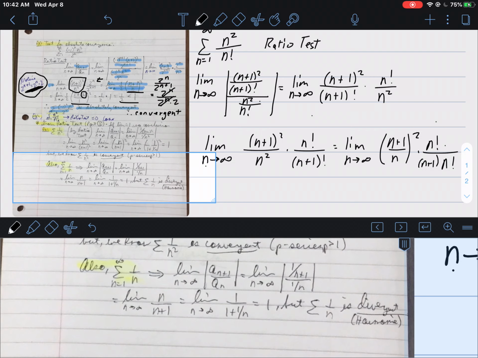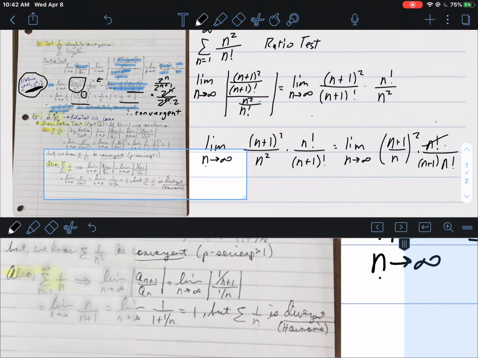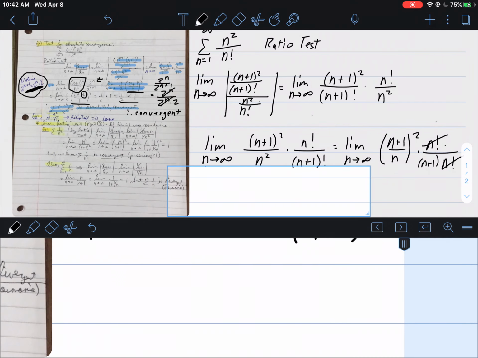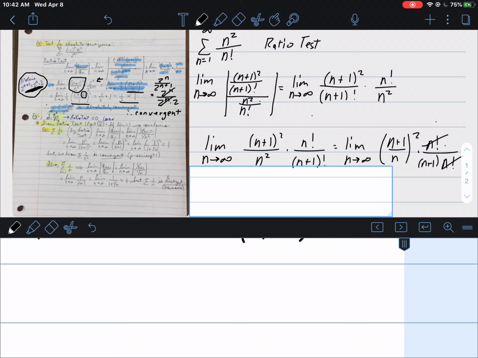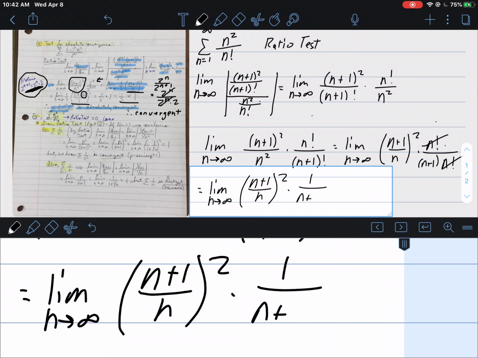All right. And that's going to allow us to do some simplification, because I can now divide out the n factorial. Now what am I left with? I'm left with the limit as n approaches infinity of n plus 1 over n squared, times 1 over n plus 1, because we divide out the n factorial.